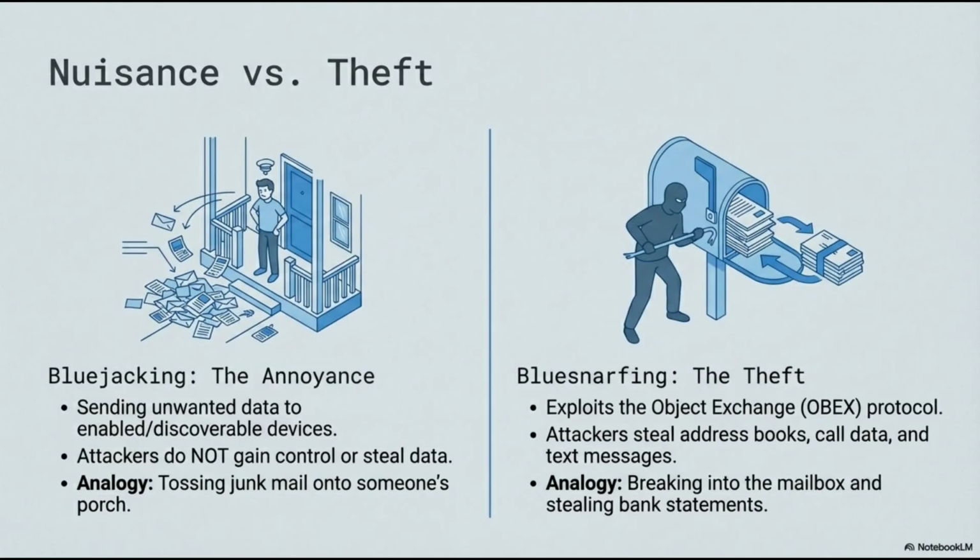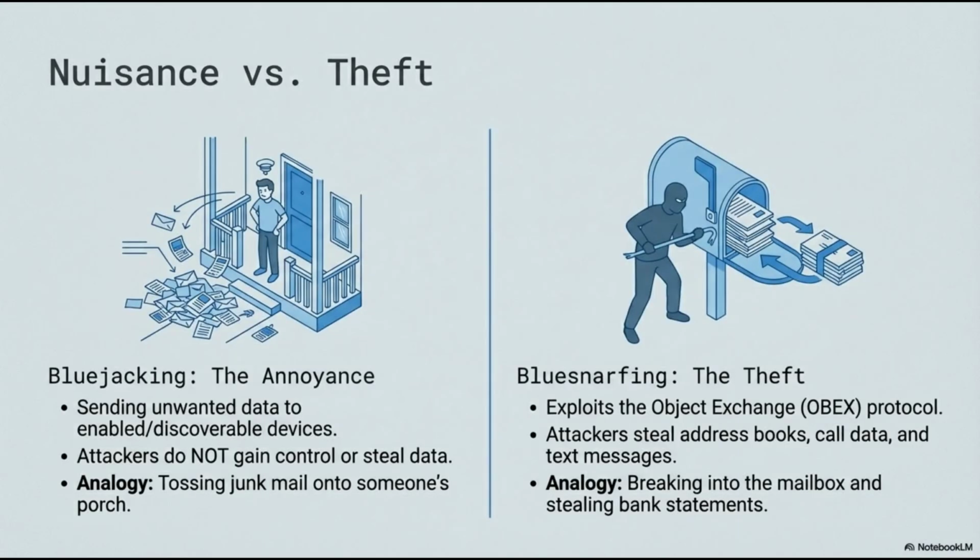But wait, if OBEX is just for a standard object exchange, why doesn't my phone just reject an unauthenticated request from a hacker? How are they bypassing that? It comes down to flaws in early implementations and legacy support. Many older devices, or devices configured for maximum convenience, didn't enforce strict authentication for certain OBEX push or pull requests. They just let it happen. Pretty much.